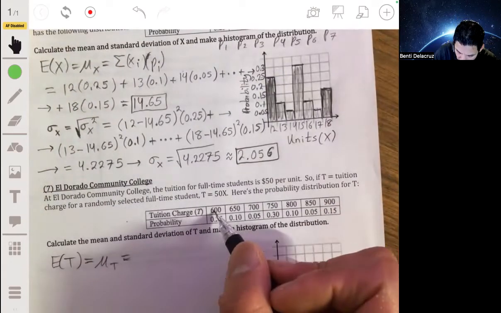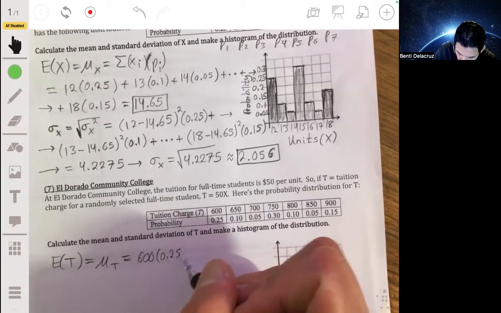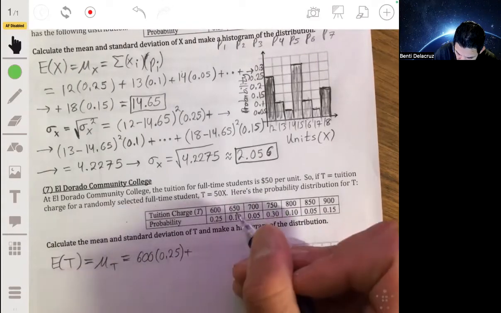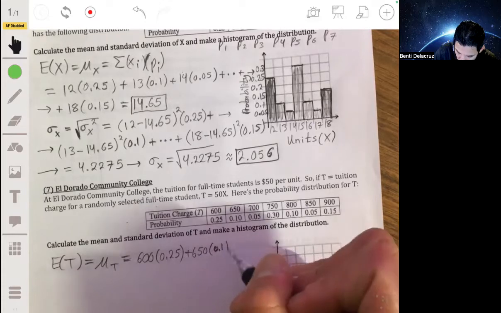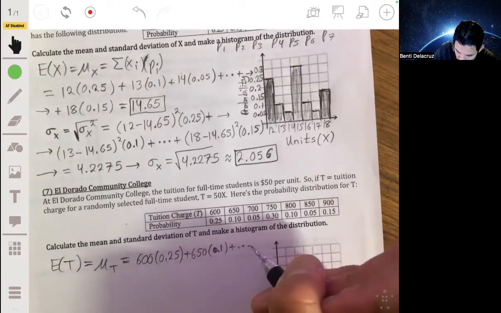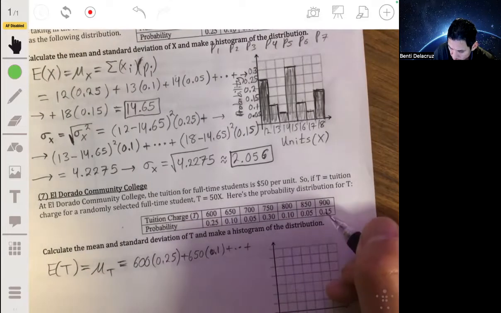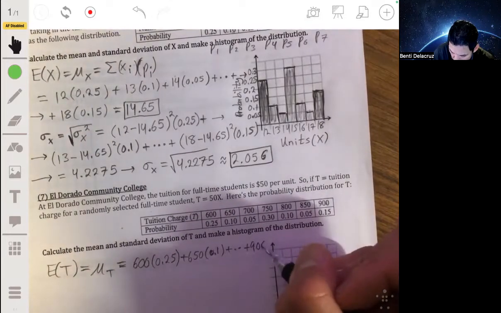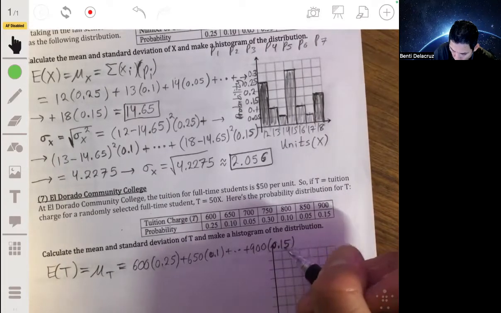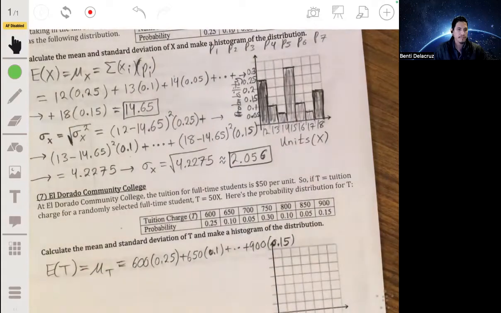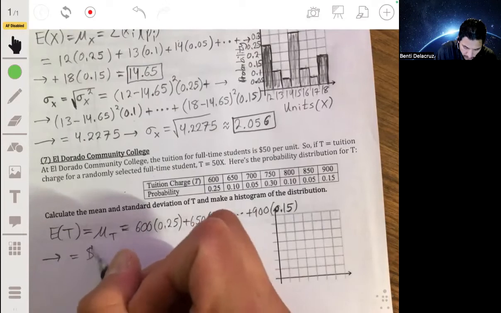So the sum of T1, which is 600 times 0.25, plus T2, 650 times 0.1, and so forth all the way to T7 times P7, so plus 900 times 0.15. What you're going to end up getting is $732.50.